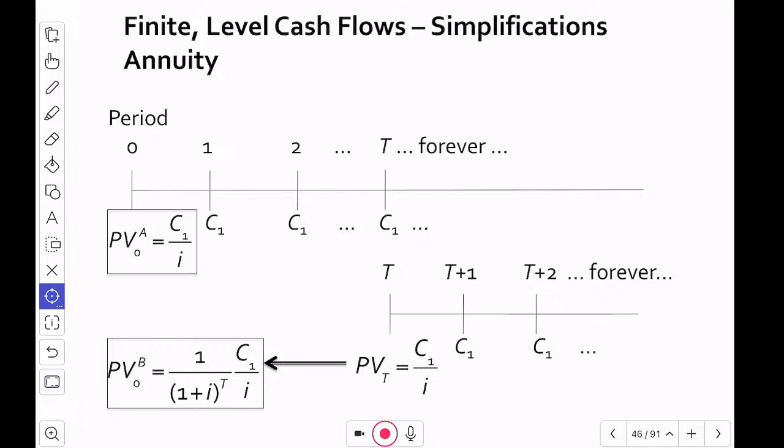But to be an annuity, that is a finite set of level cash flows, it means that I won't pay these, which is another perpetuity. So I have a perpetuity here, and I'm going to subtract the perpetuity over here. These are the value of the cash flows I don't pay.